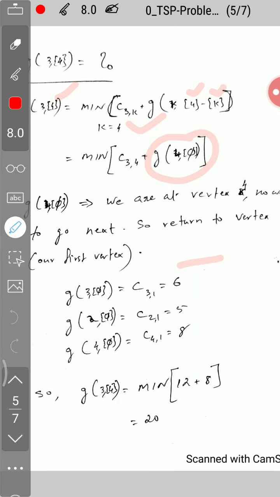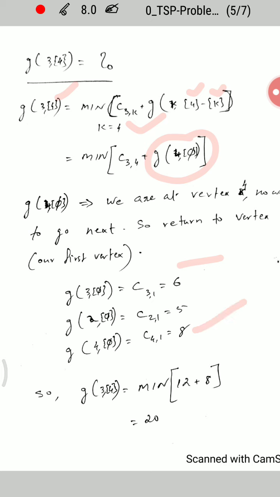So what is g(4, null set)? It is 8. Similar way you can calculate g(2, null set). It is nothing but the cost of the edge 2 to 1. It is 5. What is g(3, null set)? It is the cost of the edge 3 to 1. It is 6. So you calculate all the values, and you can put these values here. Okay, what is c(3,4)? Cost of the edge 3 to 4.